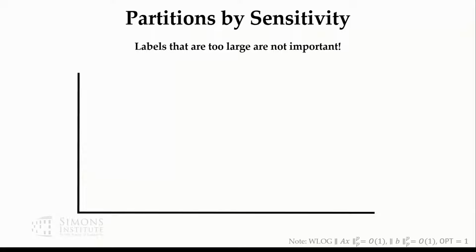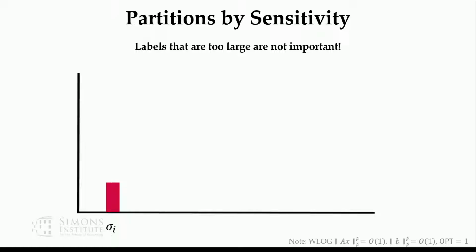And if the norm of Ax is very large relative to opt, then I'm already not getting a constant factor solution, much less a 1 plus epsilon approximation. So the idea is I can't actually fit entries of b that are very large. Okay, so labels that are too large are not important.